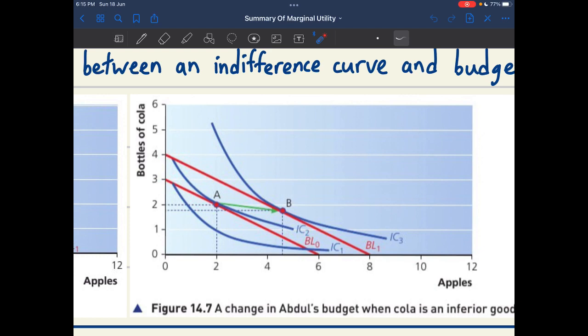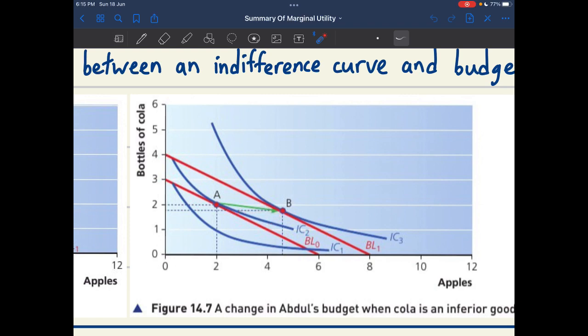So you can see that the budget line now shifts from BL0 to BL1. And when it shifts from BL0 to BL1, at the same time the IC curve would then move from IC2 to IC3. And when it moves from IC2 to IC3, you'll see that the point now shifts downwards.